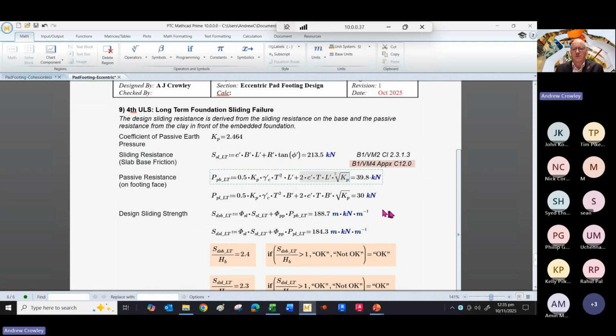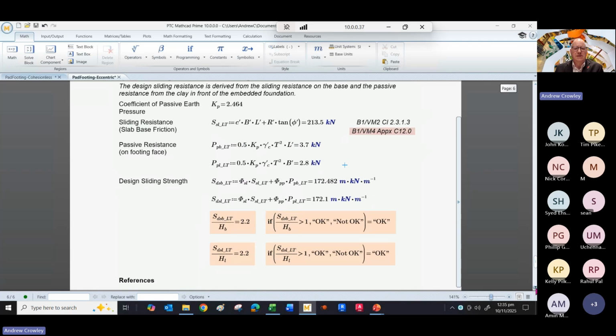And if you want to be conservative, take that value out there, which has been borrowed from B1VM for the previous edition. It makes a little bit of difference, but usually not enough to put you over the edge. So it reduces our factors of safety in this case.